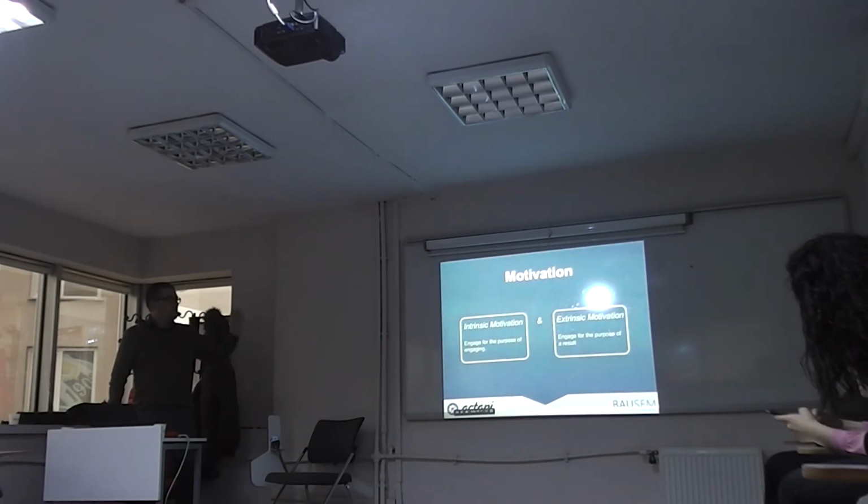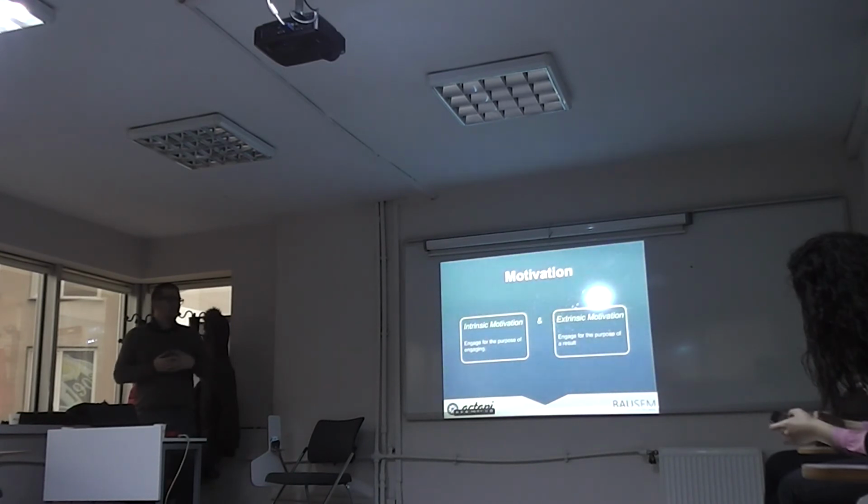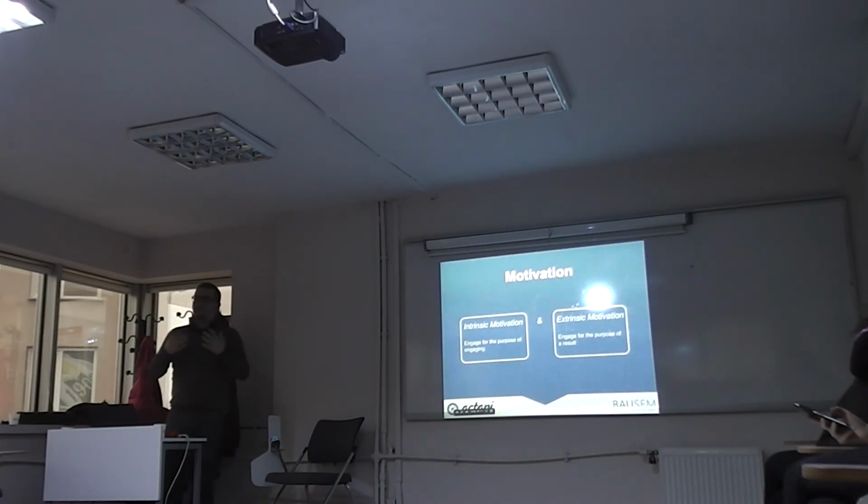So, intrinsic motivation: I love my job, the thing I do because I like it. Extrinsic motivation: I like to do my job because it pays well, or because I get status. For example, being a teacher, if people say, oh, this person is a teacher, like the hoja, there's this respect.